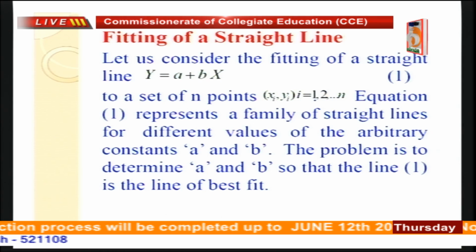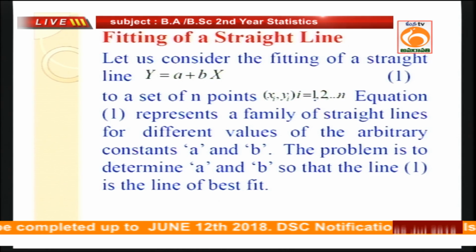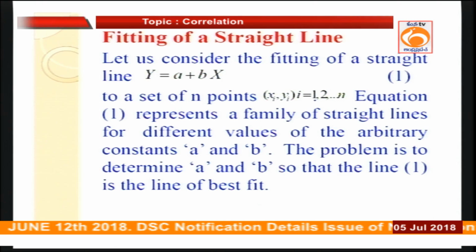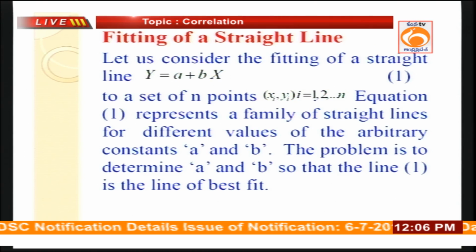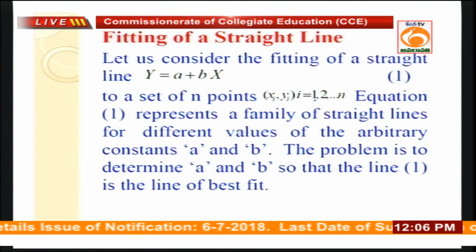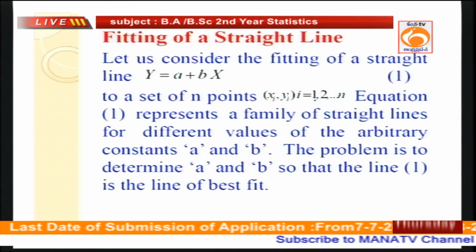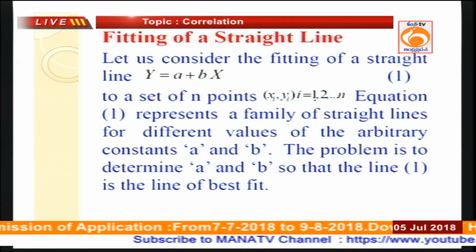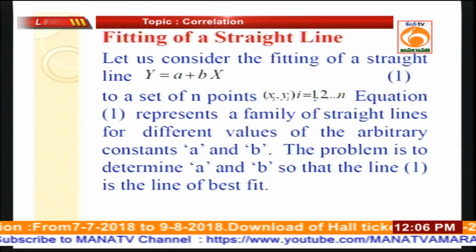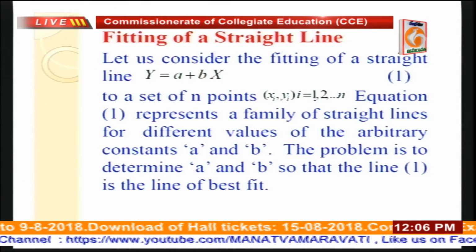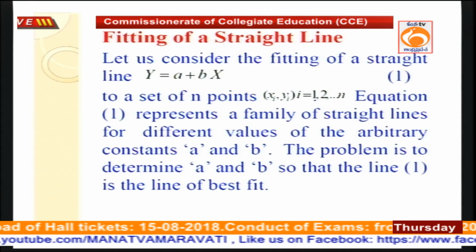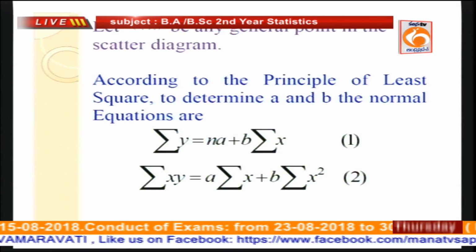To a set of n points (xi, yi), i = 1 to n, equation 1 represents a family of straight lines for different values of the arbitrary constants a and b. These two are estimates, so we have to estimate a and b with the help of line 1. The problem is to determine a and b so that line 1 is the line of best fit.